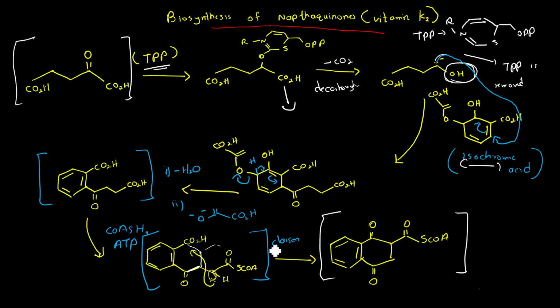So there are some steps, right? This is not a simple step mechanism, but if you understand the mechanism, you will understand clearly that the only difference is the molecules. These molecules are a little bit complicated. That's the only thing. The mechanisms are just the same. You can see in the first step we have the decarboxylation.